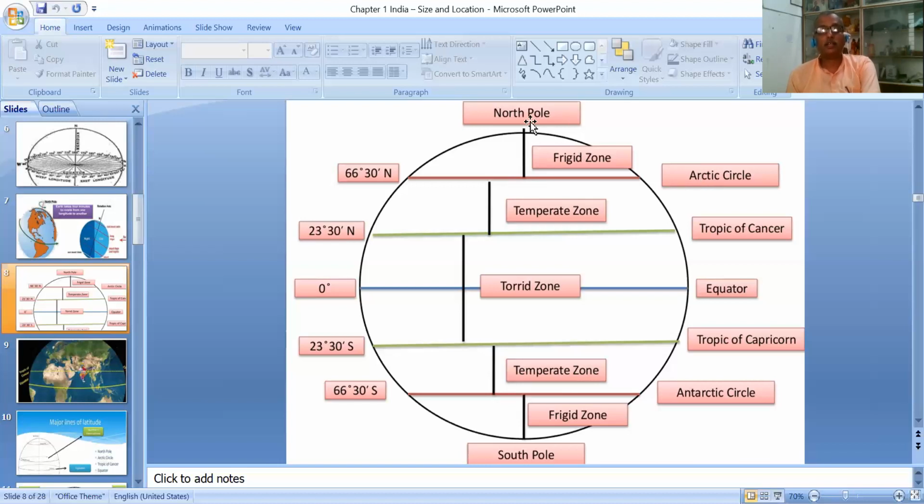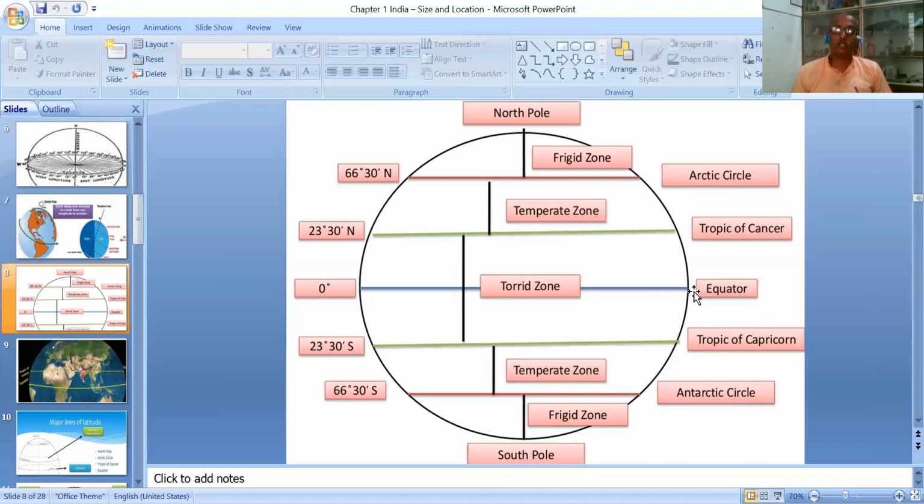Then here at 90 degrees we will find the North Pole. And here 66.3 degrees south is the Antarctic Circle. So South Pole is 90 degrees. Means 90 plus 90, there are 180 degrees of latitude, which is the circle I mentioned in the beginning.